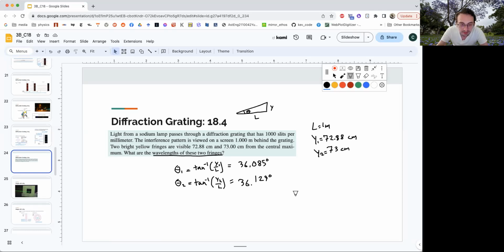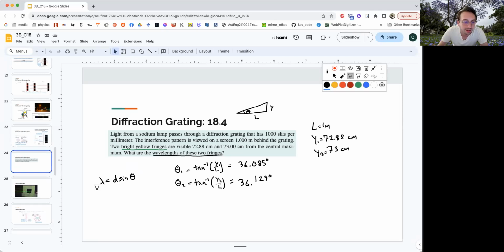Okay, and then we know that these are bright spots. They say specifically these are bright yellow fringes. So for a bright spot, we have a nice condition. We know that lambda has to be d sine theta.